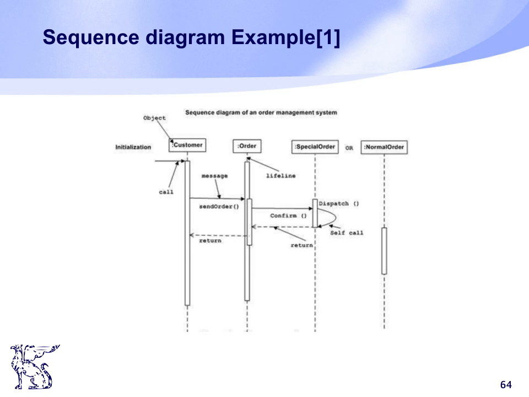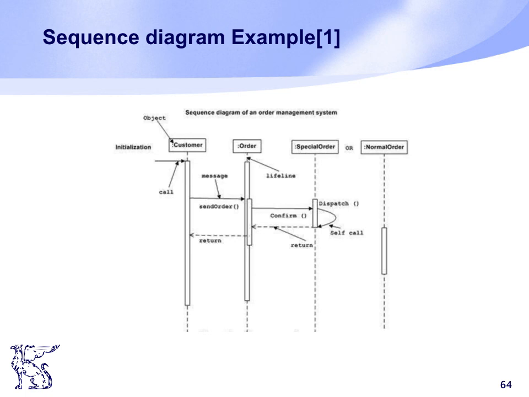From the customer object to the order object, the communication is calling the send order function, and after that the order object will call the confirmation method of the special order object. So that's another communication. And then the last call is the dispatch call, and it's a self call, because dispatch is a method of special order.